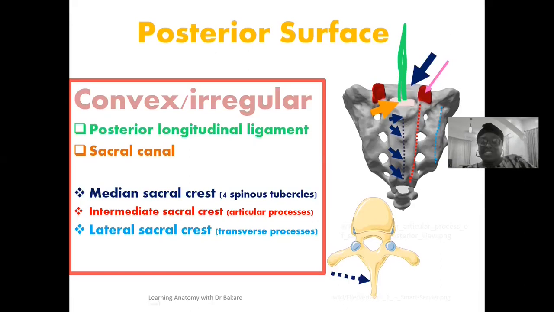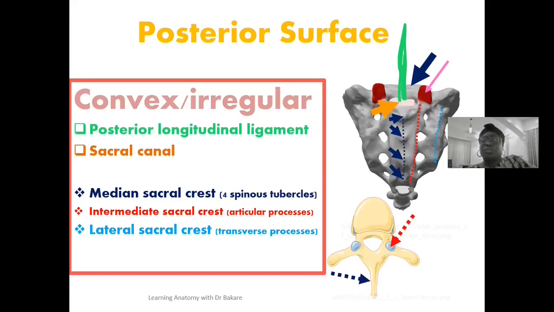Then if you go more lateral, you have the articular processes, arrowed here in dotted red using this lower image. These articular processes of the individual sacral vertebrae will also be fused together, and at this point they create an alignment referred to as the intermediate sacral crest, highlighted here in the upper image in dotted red. It falls in the alignment of the articular facet of the first sacral vertebra.